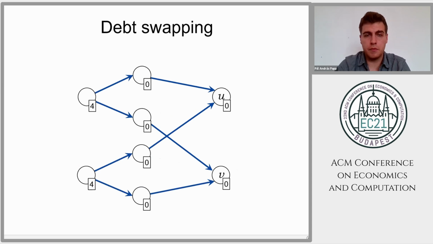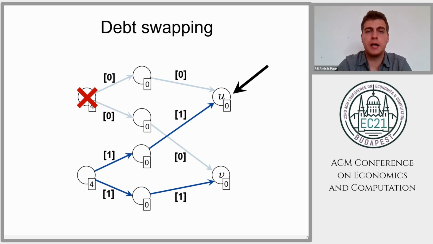On the other hand, if we look at the topology after swapping, then whichever bank is hit by a shock, that is, whichever bank loses its funds due to some unforeseen event, both U and V will receive at least a payment of 1 in this network.